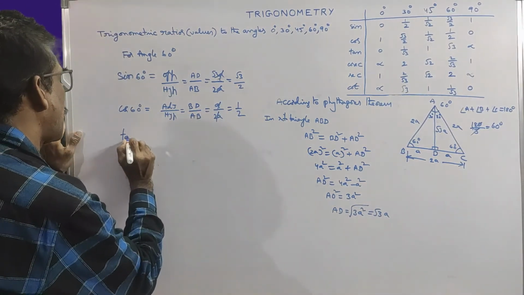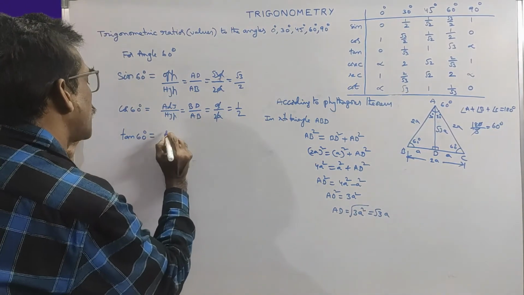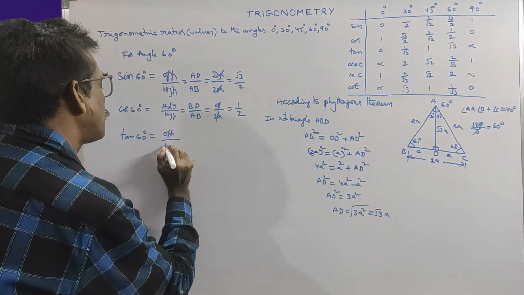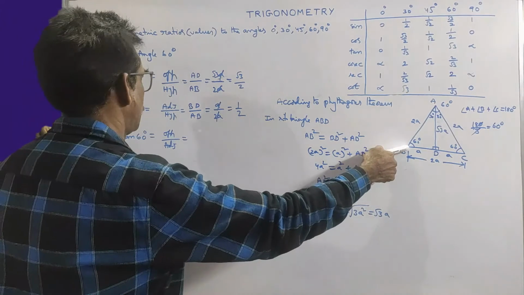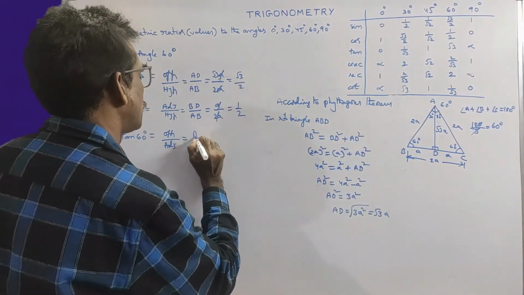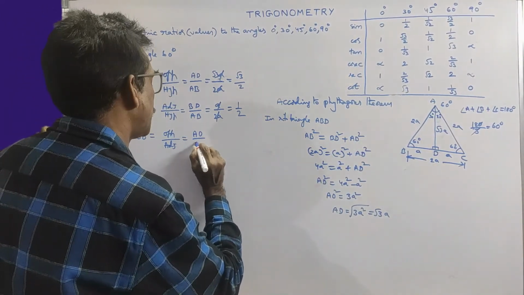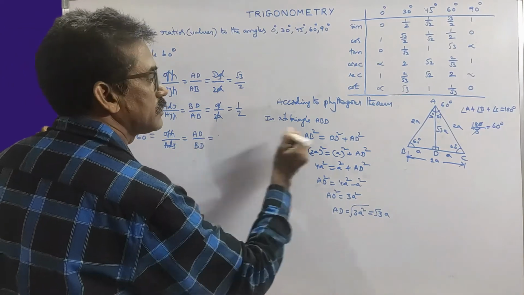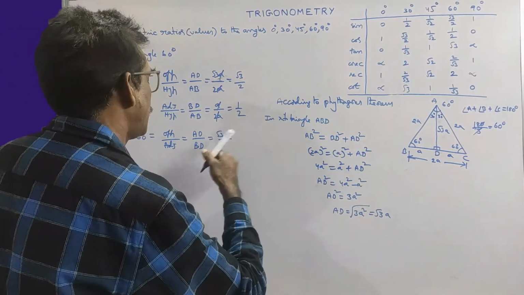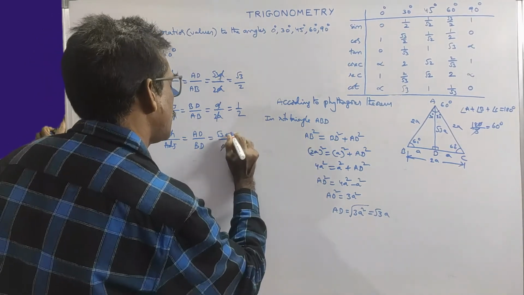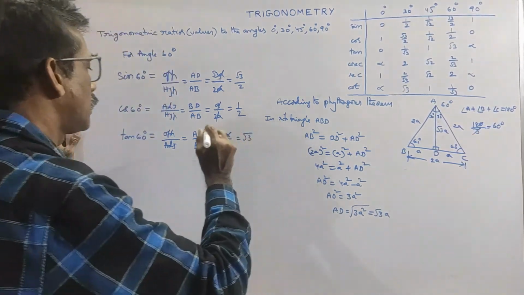Next is tan 60. The tan formula is opposite side by adjacent side. For this, the opposite side is AD by adjacent side BD. AD is root 3 A by BD is A, cancel, the value is root 3.